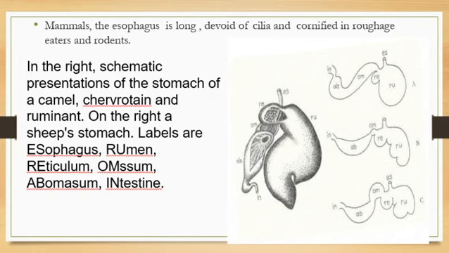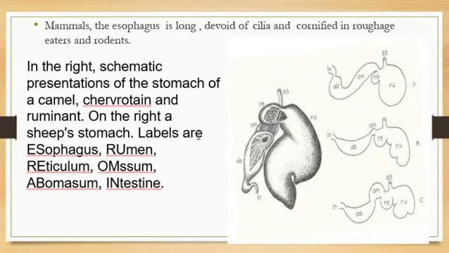So this is the stomach of the ruminant. ES for esophagus. RU, this is the rumen. RE, the reticulum. This is the reticulum. OM, omasum.